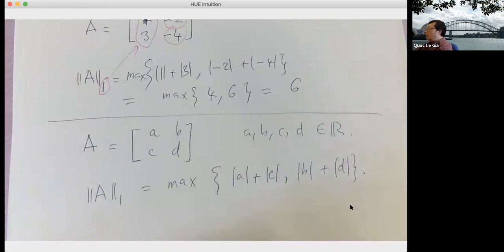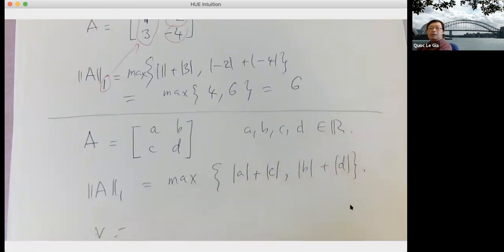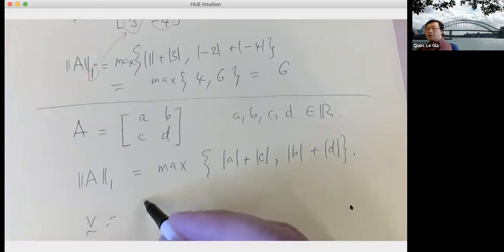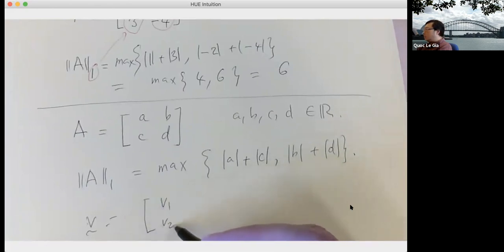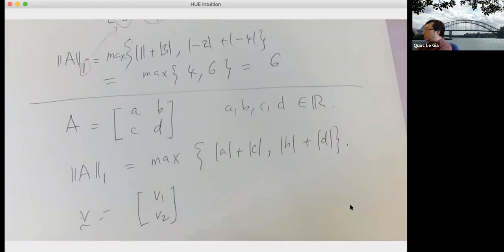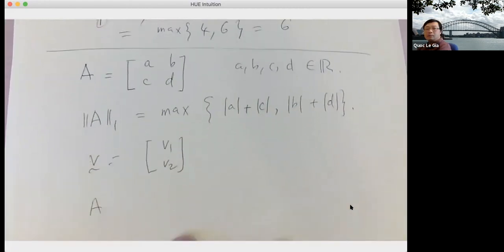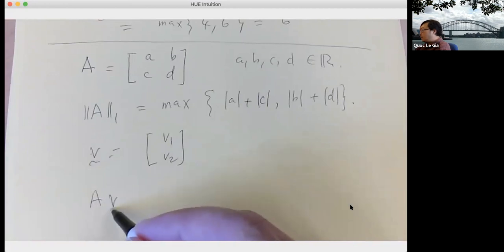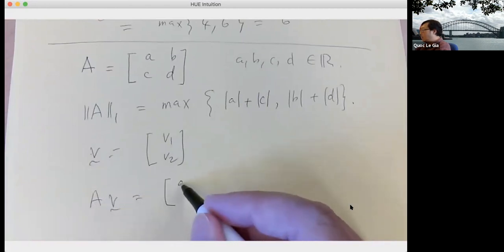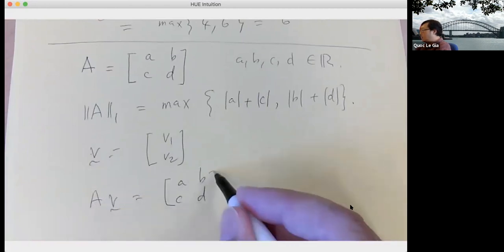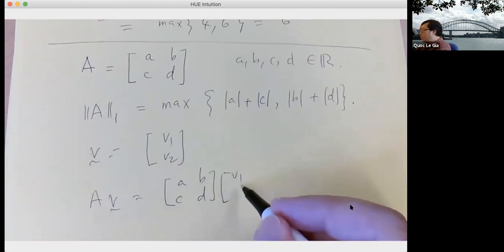Now suppose I take any vector v, say v = (V1, V2). Then what is Av? Av is just the matrix A, B, C, D times V1, V2.